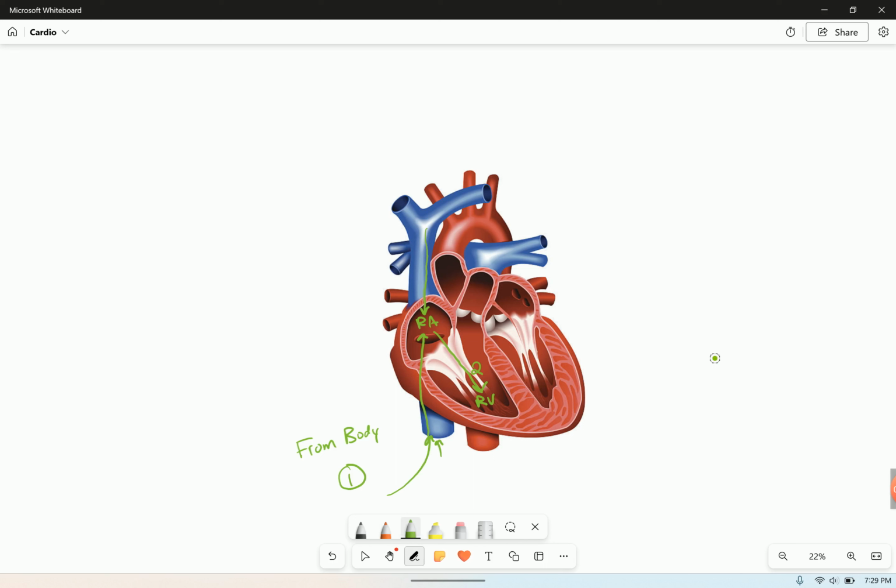Okay, then blood has to travel up and go past the pulmonary valve, the pulmonary semilunar valve, and go into the pulmonary trunk, and then the blood will go to the right lung and the left lung through the pulmonary arteries.